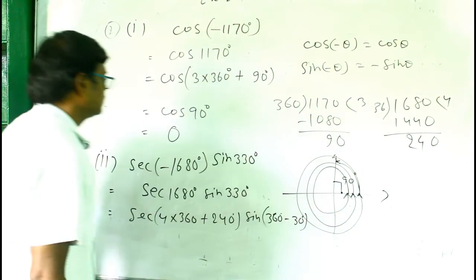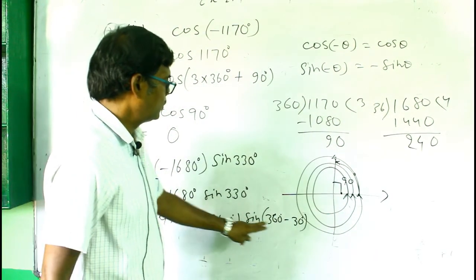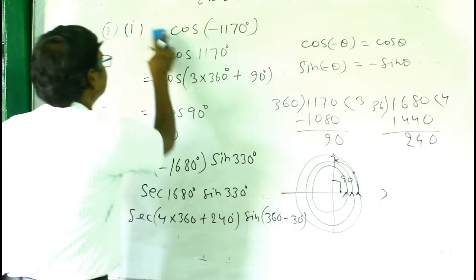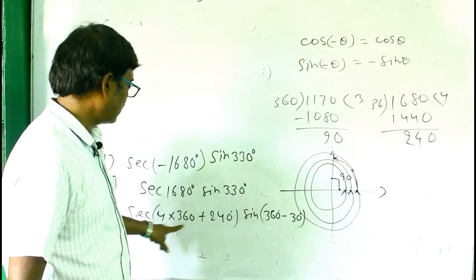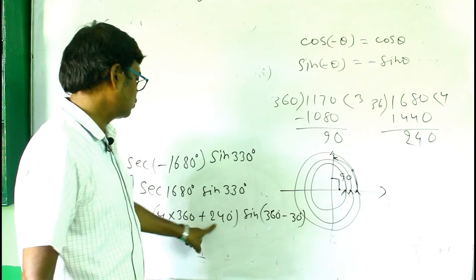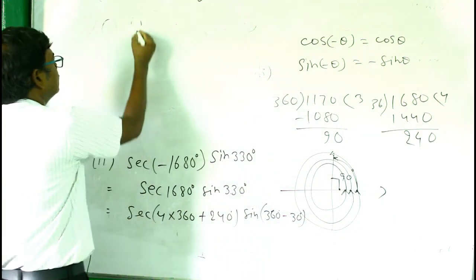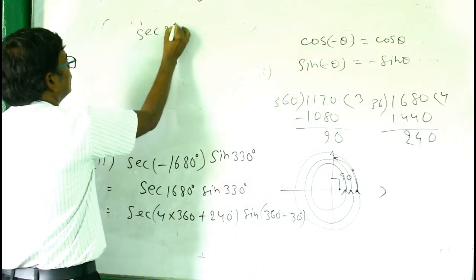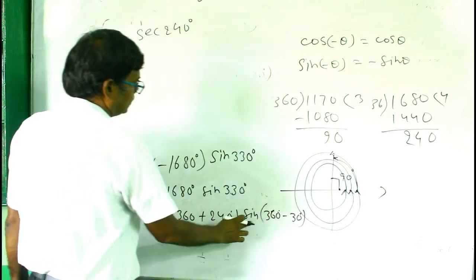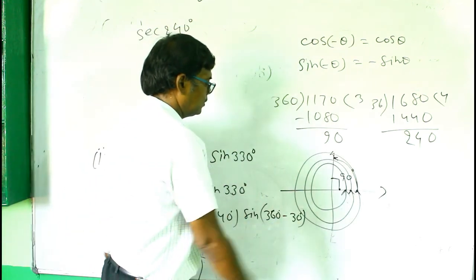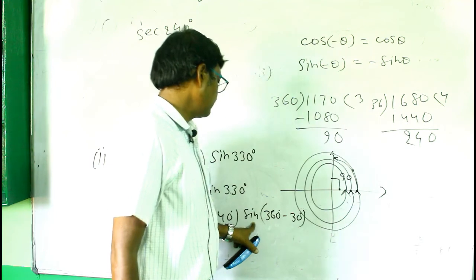We can write 330 equal to 360 minus 30. It is 4 complete rounds plus 240 degree, so it will be sec 240 degree.